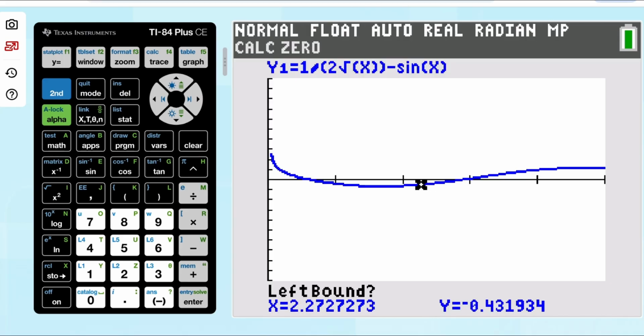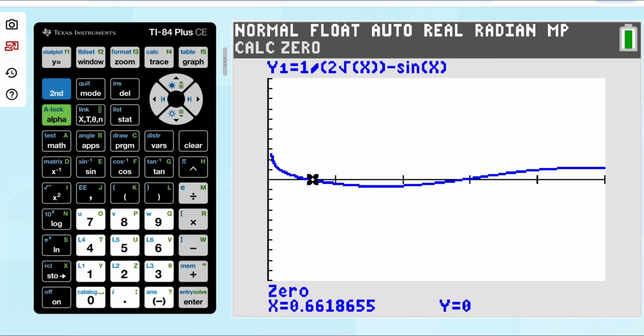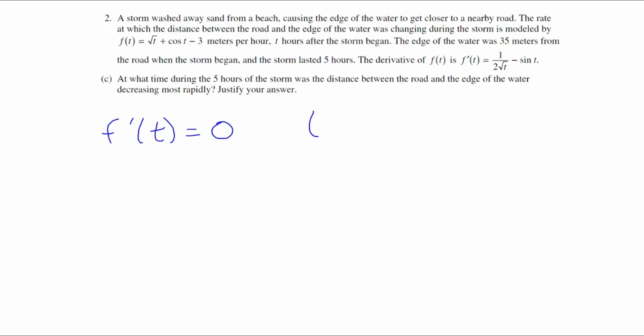We'll scroll over quite a ways, hit enter once we're to the left, then scroll to the right and hit enter once we're to the right, and hit enter a third time, and we get 0.6618655. So 0.6618655 is one option. So this is t equals 0.66.